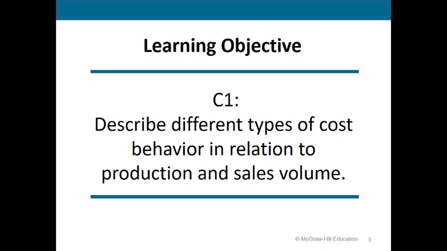Some are fixed costs, meaning that the cost doesn't change with the volume of production. Compare that with variable costs, which do change. They increase as the number of units produced are increased. And then you got a couple others as well.